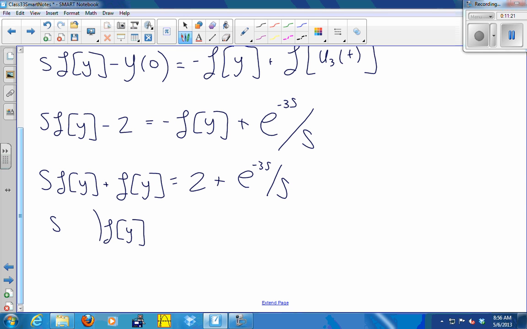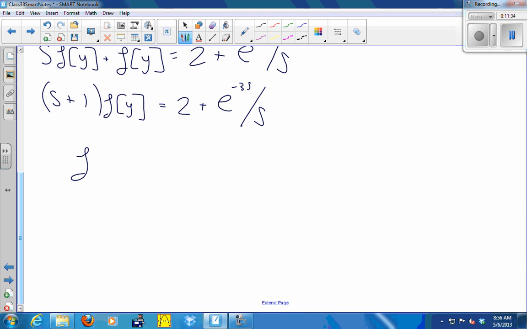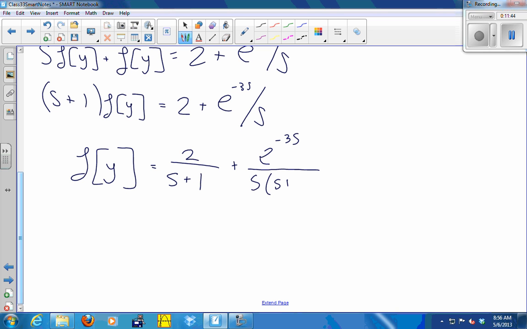And I have s plus 1. Then divide both sides by s plus 1. So we've got the Laplace transform of y equals 2 over s plus 1 plus e to the negative 3s over s times s plus 1.